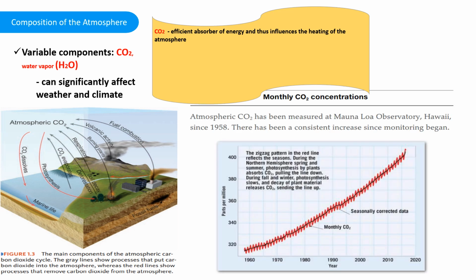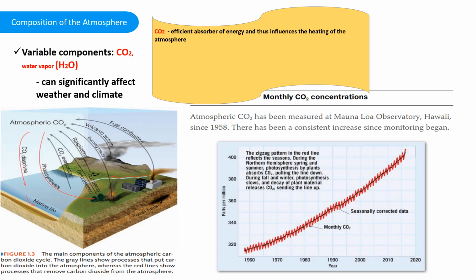And in this graph, you can see that since carbon dioxide absorbs energy and traps the heat, the more carbon dioxide, the higher the temperature. It shows here the atmospheric temperature. The atmospheric carbon dioxide has been measured at Mauna Loa Observatory in Hawaii since 1958 until 2020. It has shown that there has been a consistent increase since monitoring began.